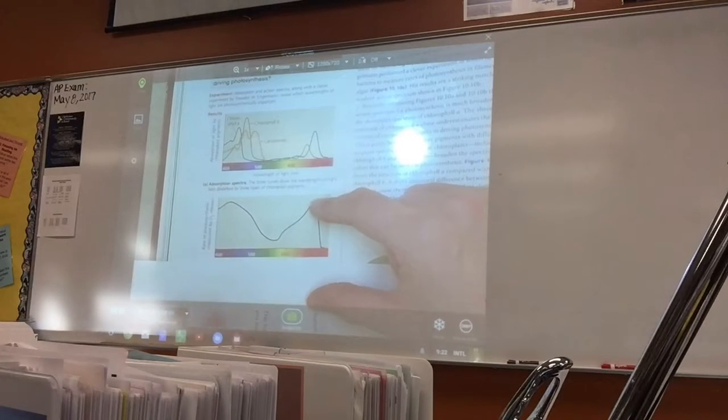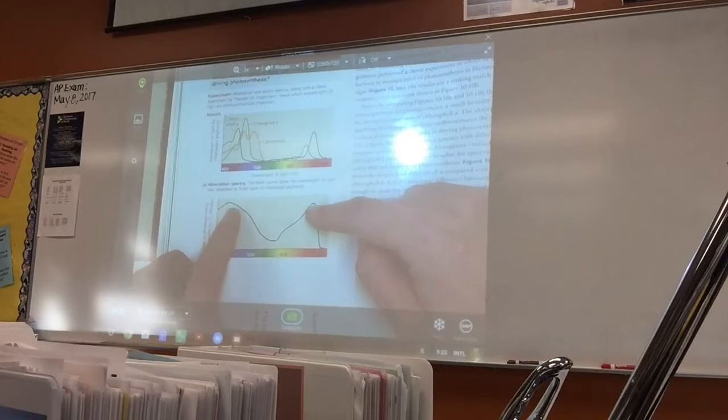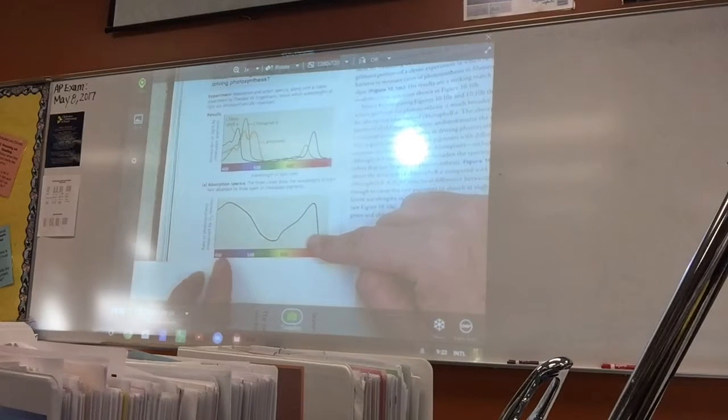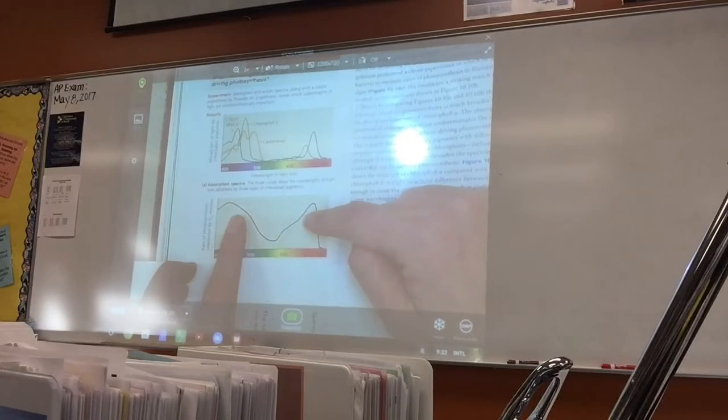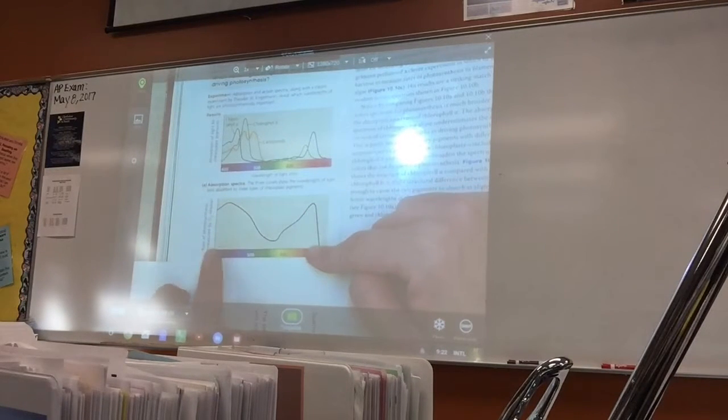All right, so therefore, we can see that the rate of photosynthesis is higher in these peaks, in the wavelengths between 400 and 500 where we have a peak, and the peak here, 650 to 700. So therefore we have higher rates of photosynthesis. Notice that they're measuring it by how much oxygen is released. The more oxygen released, the more photosynthesis is going on.